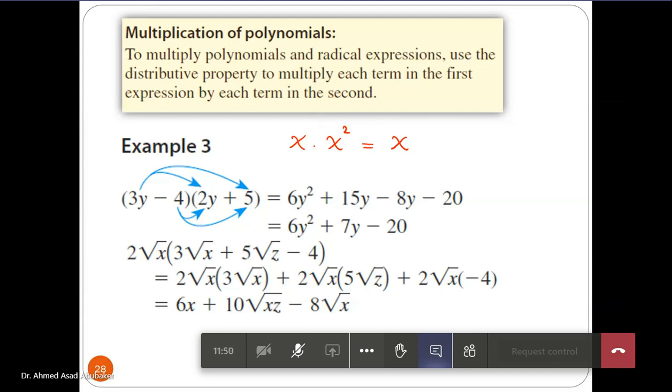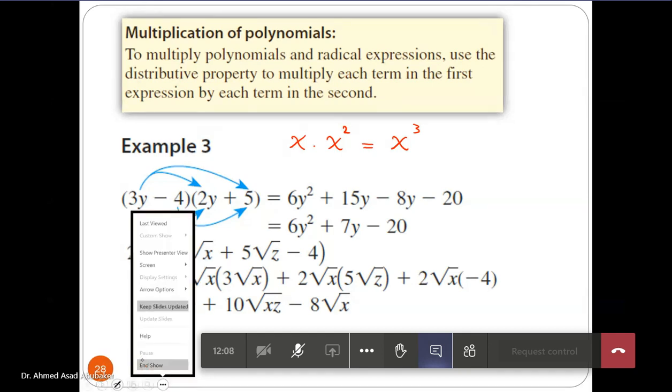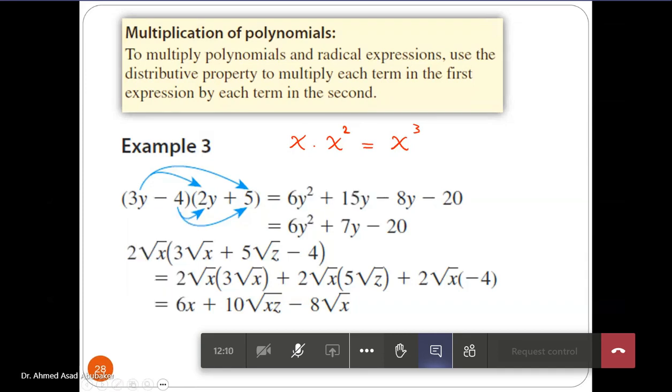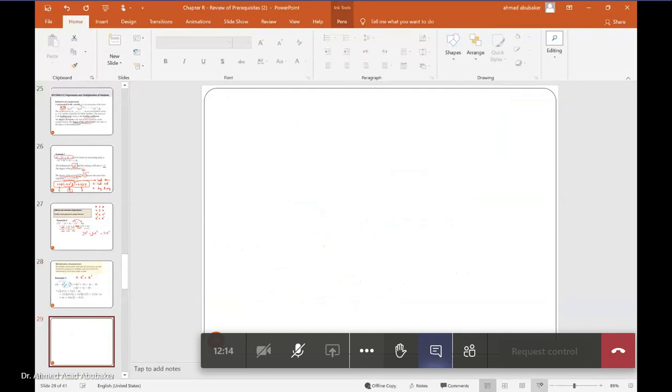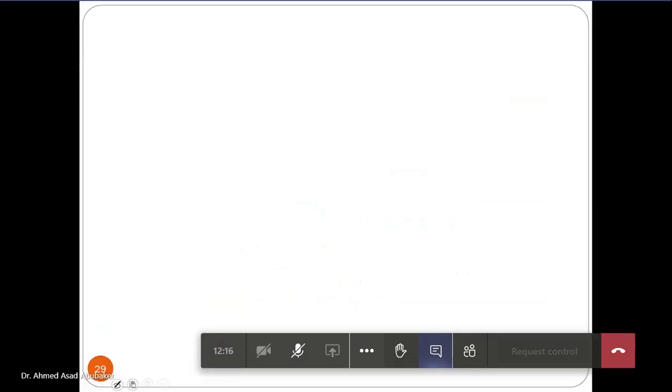So we have 1 plus 2, the new exponent equals 3, x to the power 3. Okay? Now, look at this. I put it in a new slide. You already have the solution. A new question in multiplication.